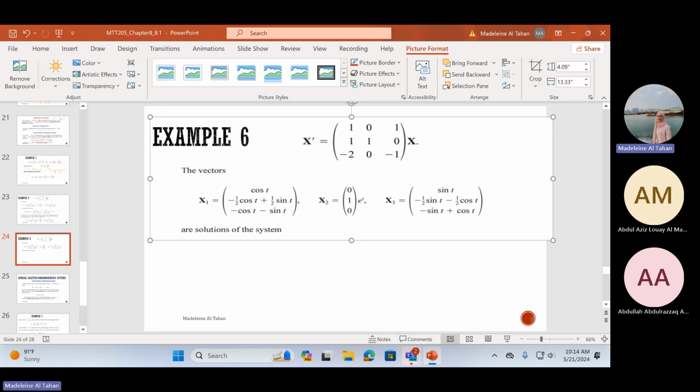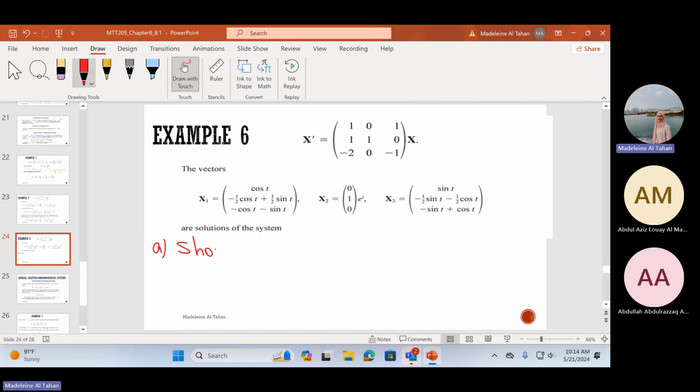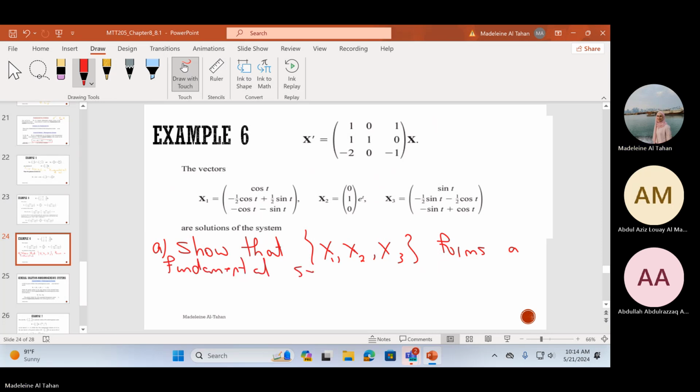The first step I need from you is to show that they form a fundamental set of solutions, and the second part is to find the general solution. So we start, working in pairs, and during this time I will walk around.